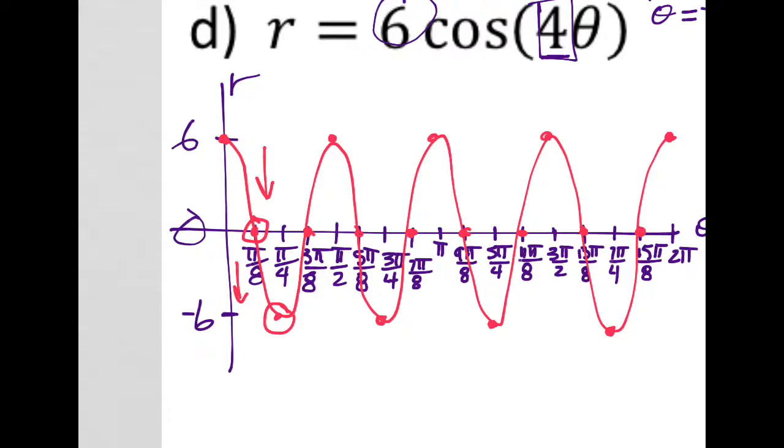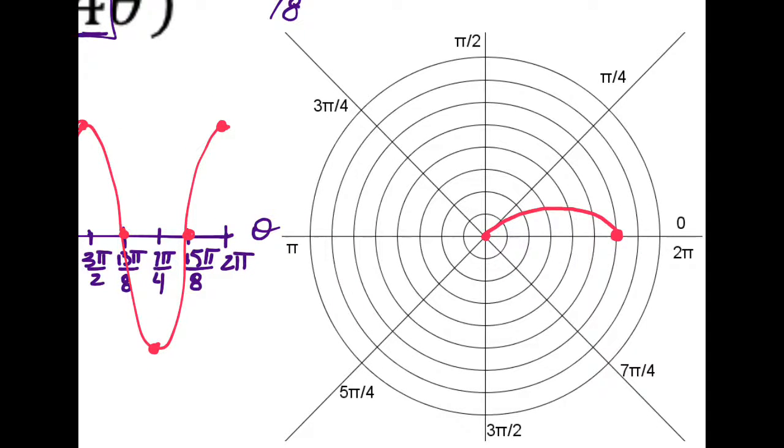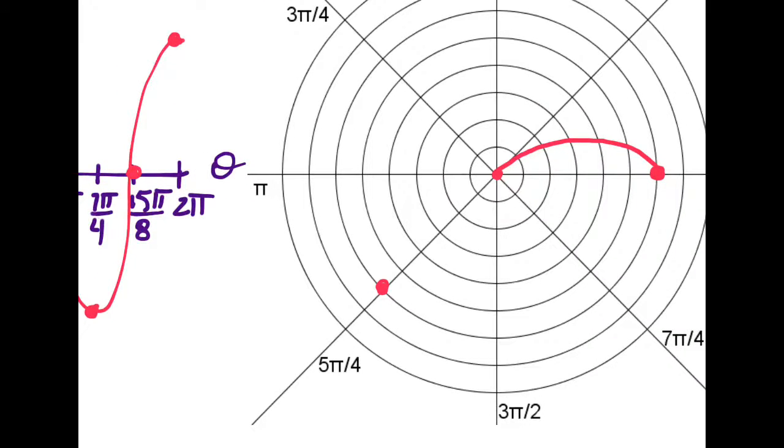So if we have a -6 value at pi over 4, that actually means we have positive 6 along 5 pi over 4. So 1, 2, 3, 4, 5, 6. Right there, right? Here's positive pi over 4, there's negative pi over 4, and we're going 6, so there we have that. And so our petal needs to curve down to that value, increasing in the negative, like that.